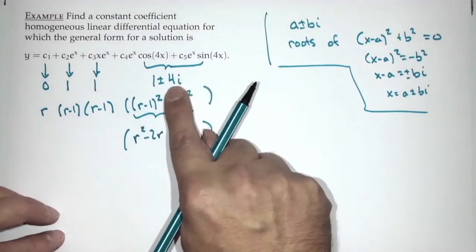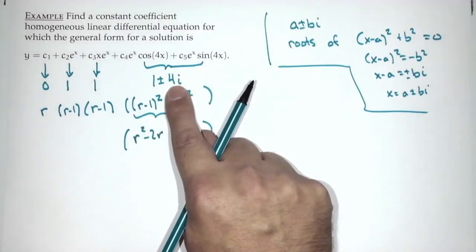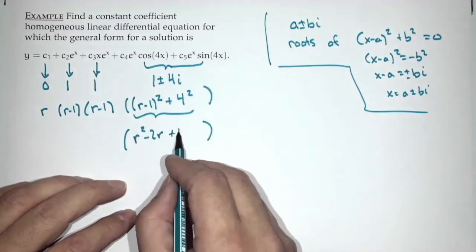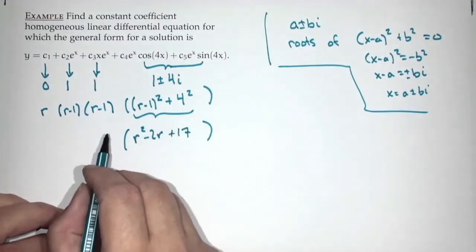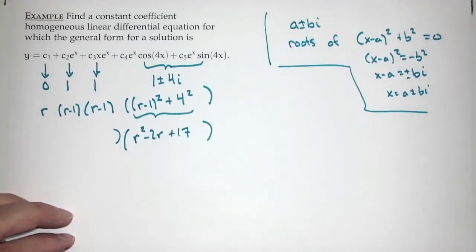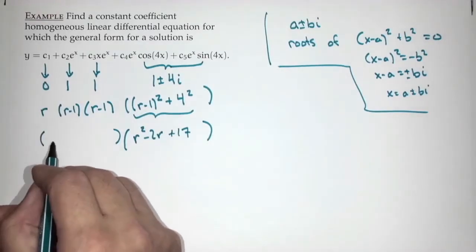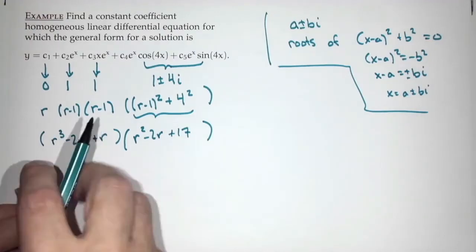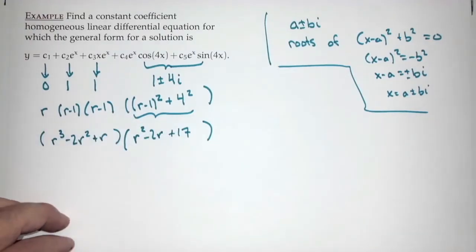Normally, if it's just (r minus 1) squared, you should be able to say, oh, that's r squared minus 2r plus 1, plus 16 more makes plus 17. Now here, well, hey, we talked about (r minus 1) squared. That's r squared minus 2r plus 1. Let's go ahead and multiply that by r. So we have r cubed minus 2r squared plus r from the first three pieces.